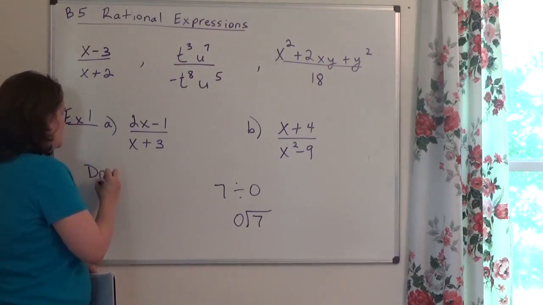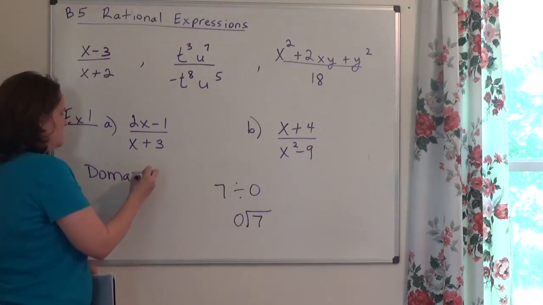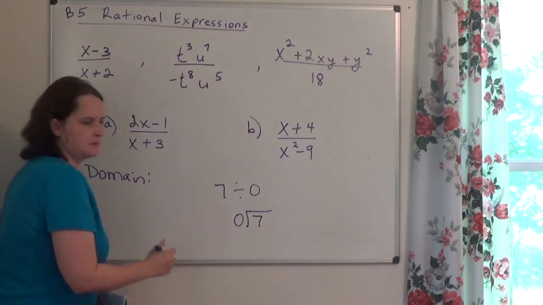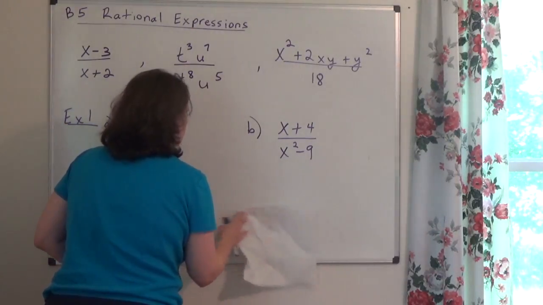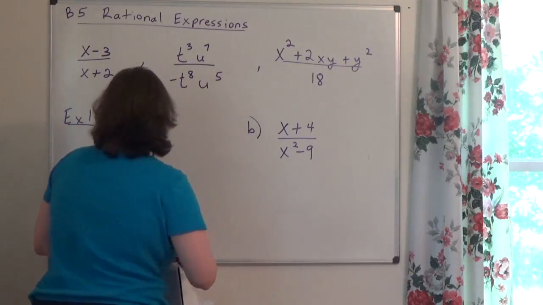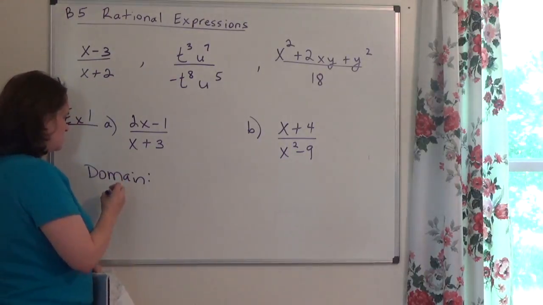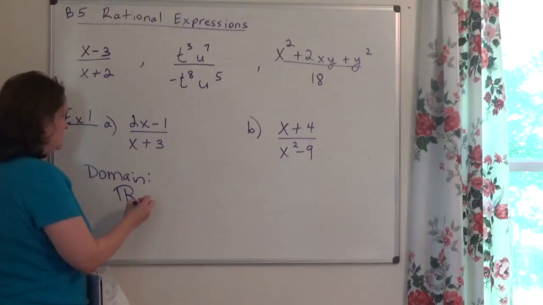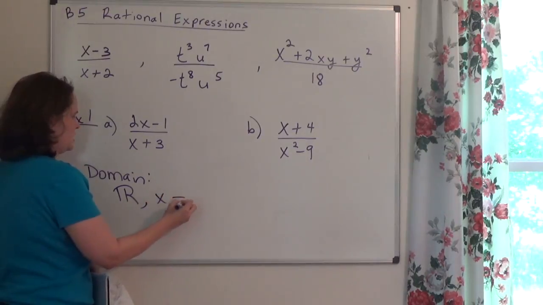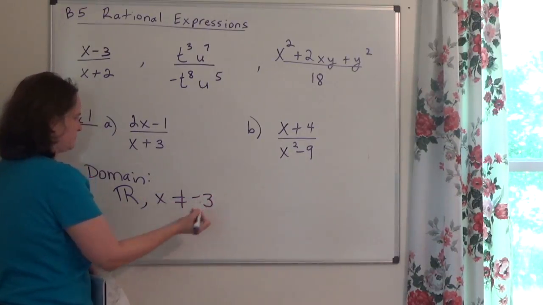So we'll say our domain is all real numbers except -3. Or it could also be written as this symbol, which means all real numbers, comma, x cannot equal -3.